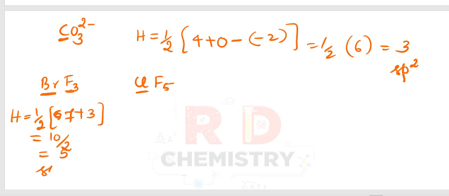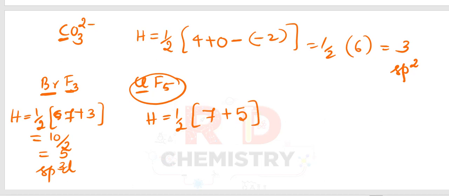So it should be sp3d hybridized. ClF5: hybridization H is equal to half into valence electrons of the halogen, which is 7, plus monovalent fluorine atoms, 5. Charge is not there. So it is equal to 12 divided by 2, which is 6. So it is sp3d2 hybridized.